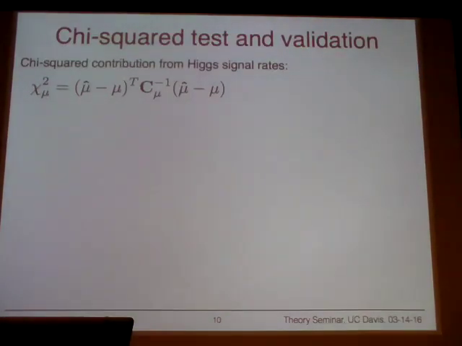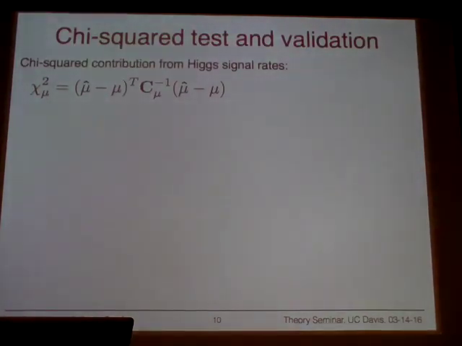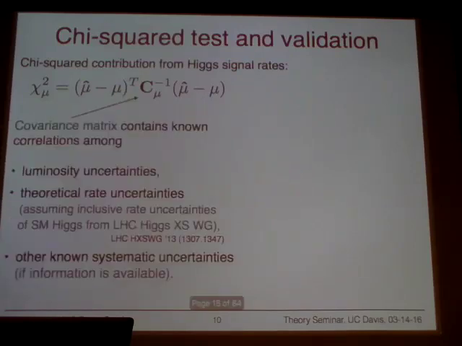Secondly, the second part of the precision is in this chi-square evaluation, where we have this covariance matrix, and we try to include as many correlations as possible of major systematic uncertainties. For instance, we treat the luminosity uncertainty in each experiment as fully correlated.